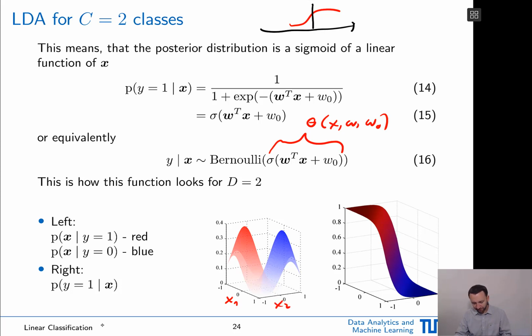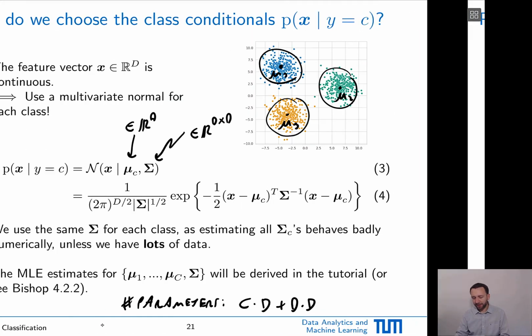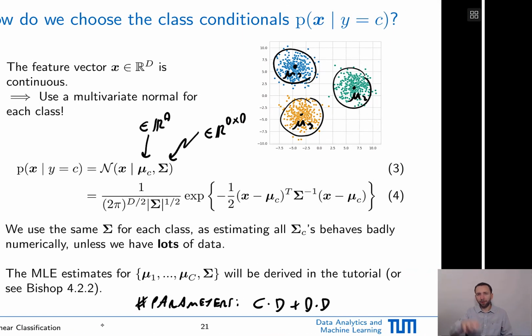On the upper part you see the density P of x for red and for blue. This is the two-dimensional setting. It essentially corresponds to what I have drawn here, but you have to imagine that the third dimension corresponds to the density.